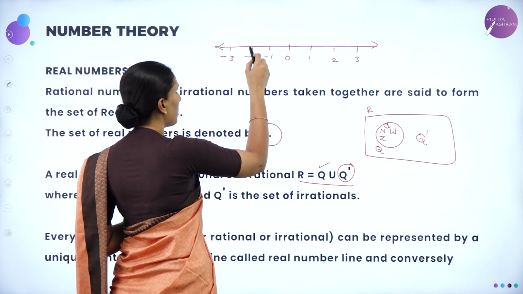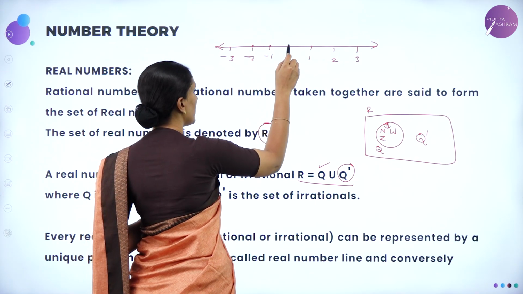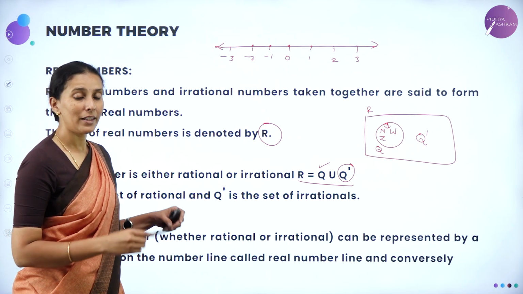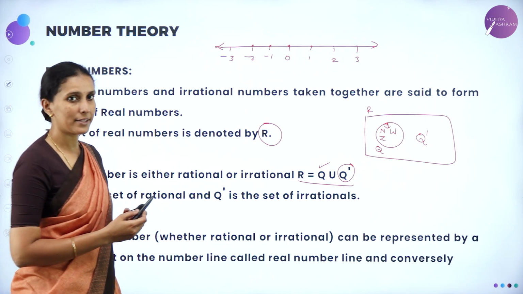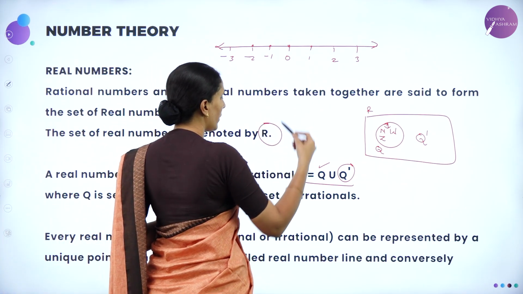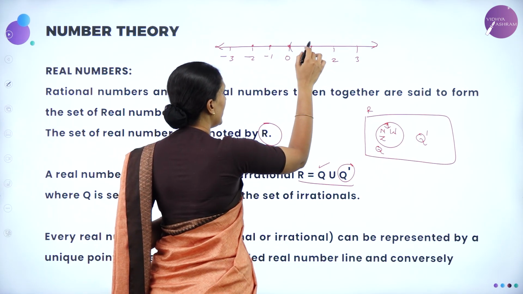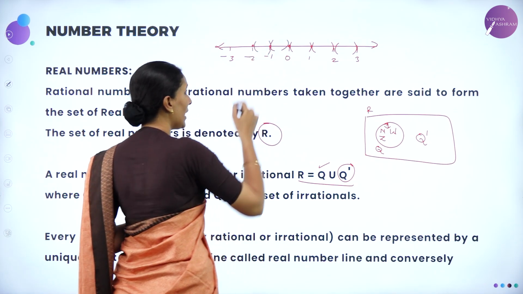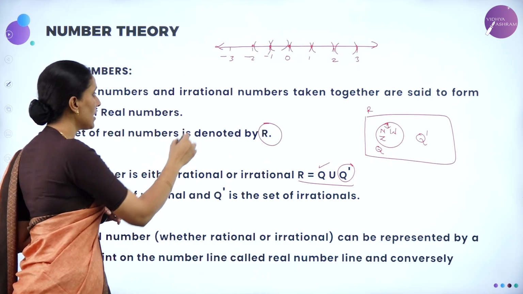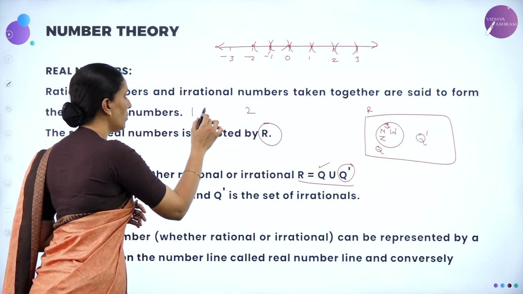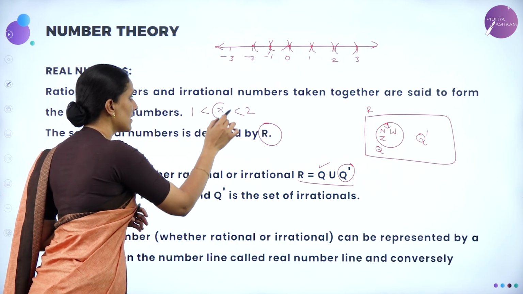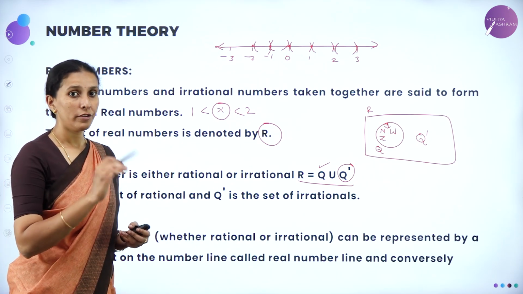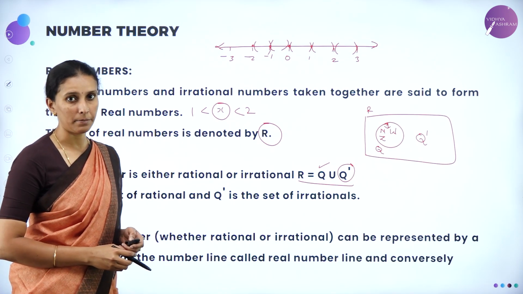We will always plot the points minus 2, minus 1, 0, 1, 2, 3. Real numbers will always have a decimal expansion, so they can lie between any integers. There are infinitely many real numbers between any two integers. If I consider the integers 1 and 2, then x is a real number which may take any value between 1 and 2.